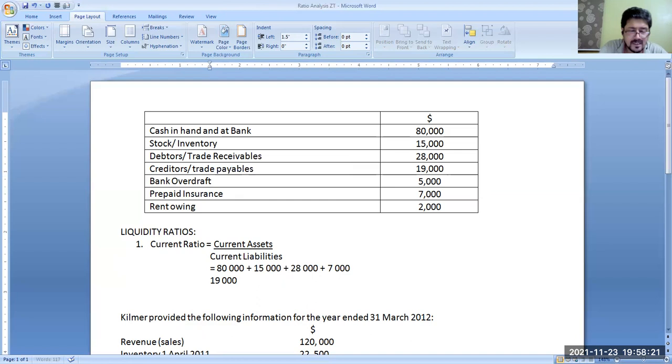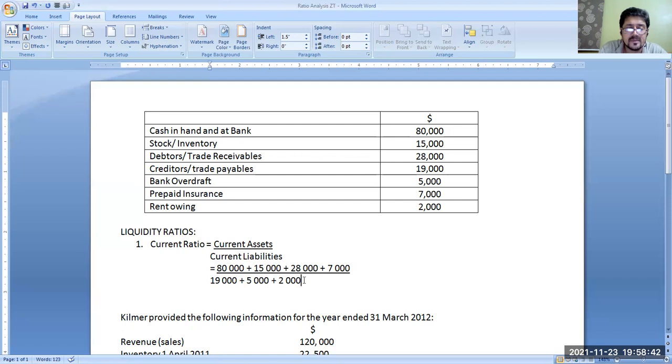Bank overdraft 5,000. Then rent owing, other payables, 2,000. So this is our current assets and this is our current liabilities.